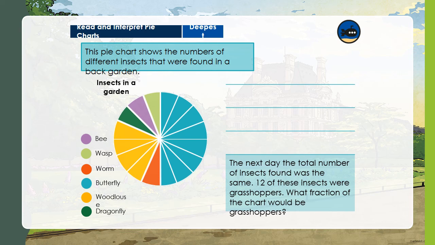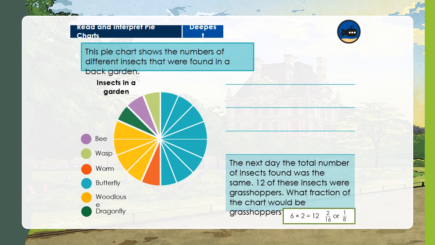Now we're thinking about that as a fraction. Remember, 96 is our total. So if 12 out of 96 of them were grasshoppers, that alone could be our fraction, 12 over 96. But although whilst 12 out of 96 is correct, we can also simplify that fraction even further.